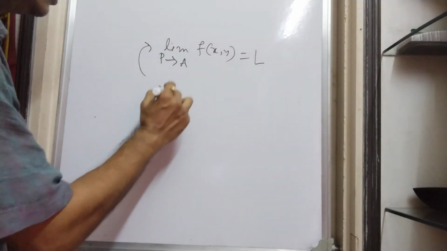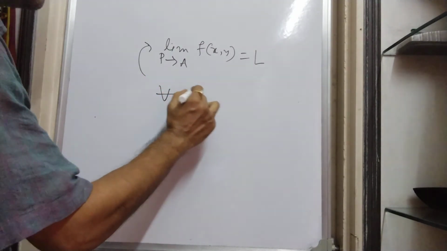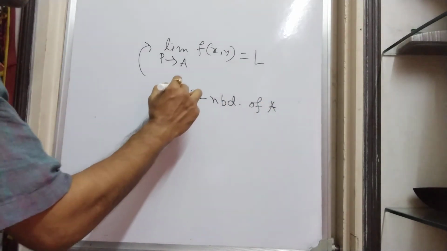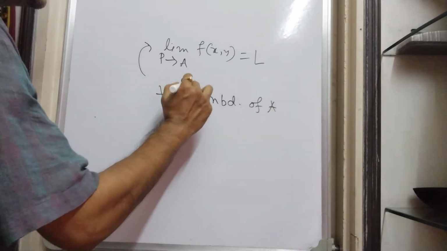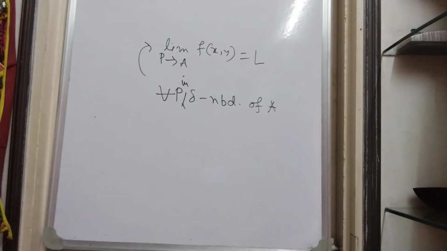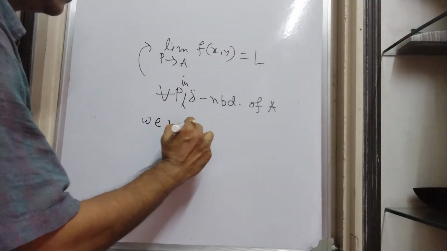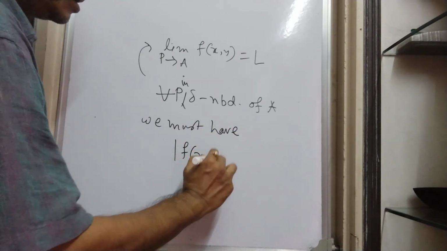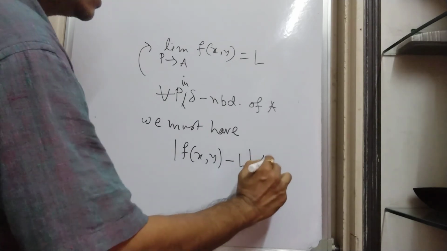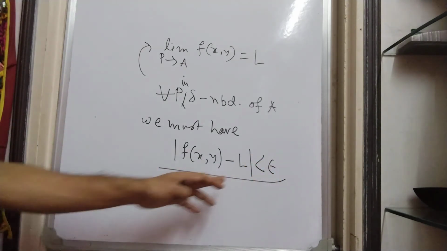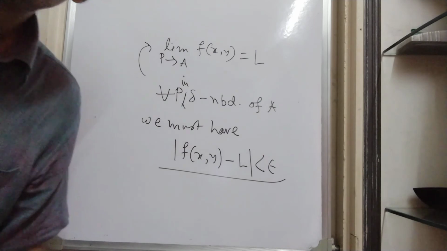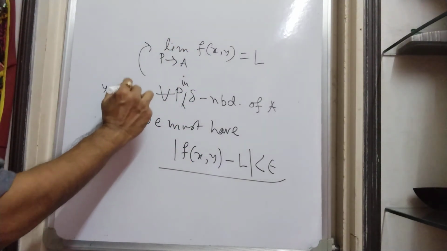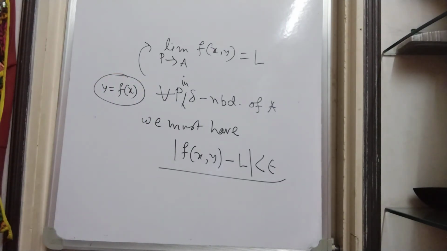So in case of two variables x and y both acting as independent variables, we must have all these three limits, the simultaneous limit and the iterated limits of different orders, equal for the existence of the limit of the function. And whenever this limit exists, we may write that for all P in the delta neighborhood of A, we must have f(x,y) lying within the epsilon neighborhood of L. These go hand in hand as the epsilon-delta definition for y equal to f(x), a function of a single variable.